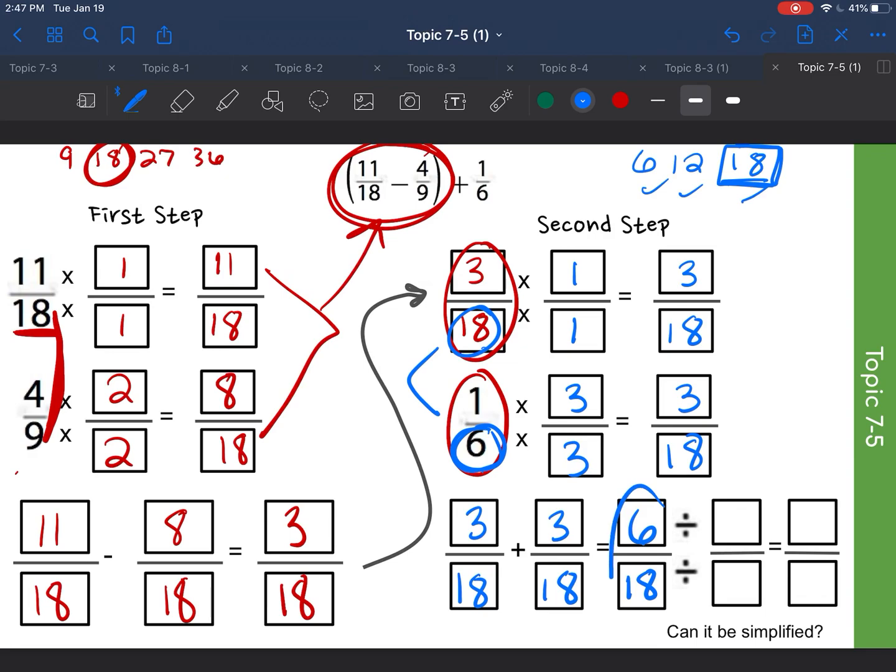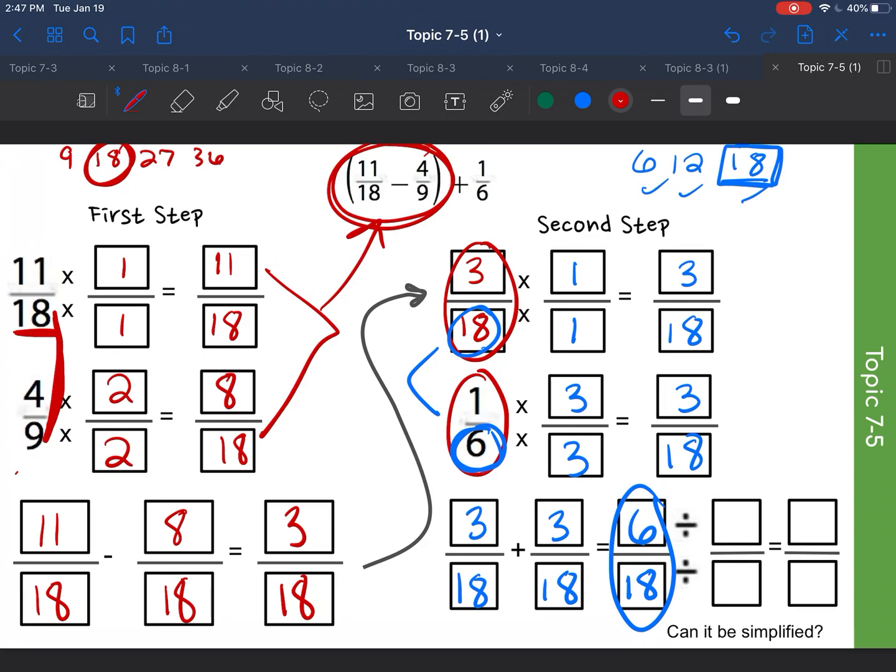But now the big question, can it be simplified? Yes, it can, because both numbers are even. So you could divide by 2, but I'll give you a little hint that you'll have to simplify even more after you divide by 2. So to get rid of that confusion, try to think of a number that 6 and 18 can both be divided by.